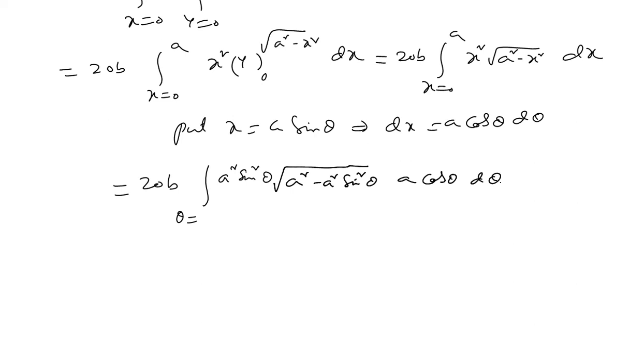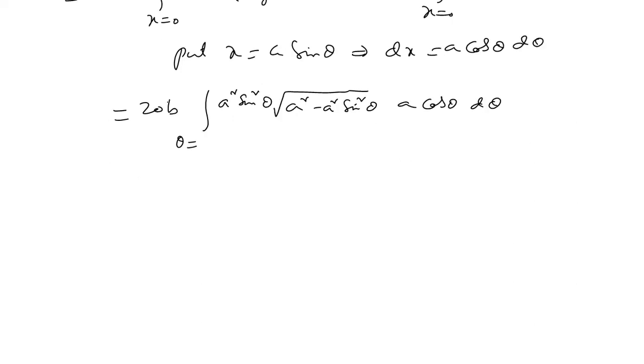The theta value is 0 to pi by 2, already known, simple method. If x is 0, sin theta is 0, theta is 0; x equals a, sin theta is 1, theta equals pi by 2. Here a square, here a square under the root a, here a.